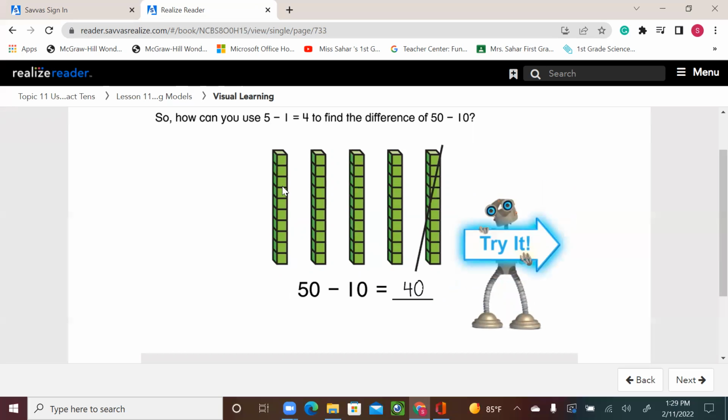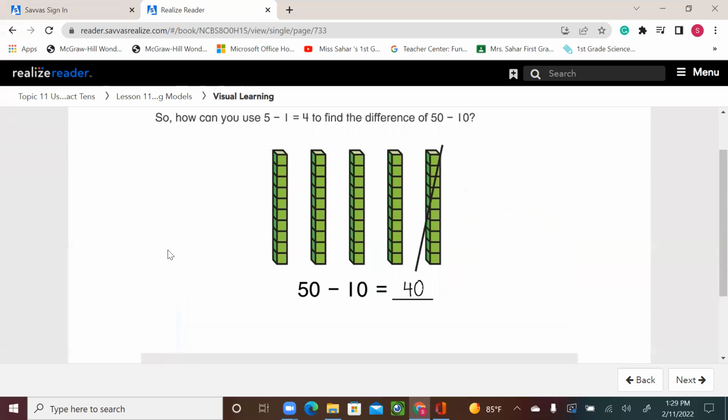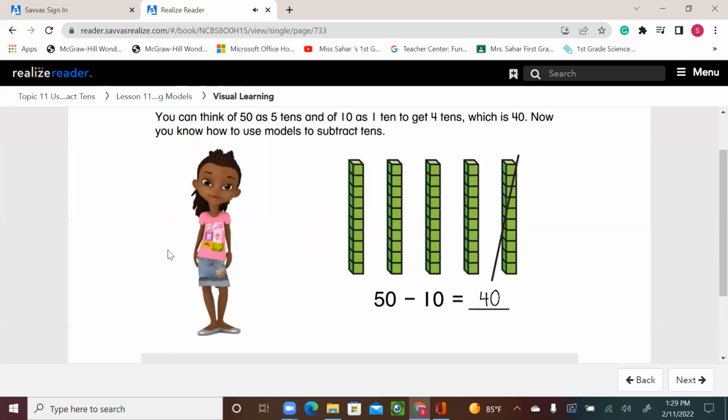So as we say, 5 take away 1 equals 4. So if I have 5 tens, that's 50, take away 1, which is 1 ten, my answer would be 4 tens or 40. You can think of 50 as 5 tens and of 10 as 1 ten to get 4 tens, which is 40. Now you know how to use models to subtract tens.